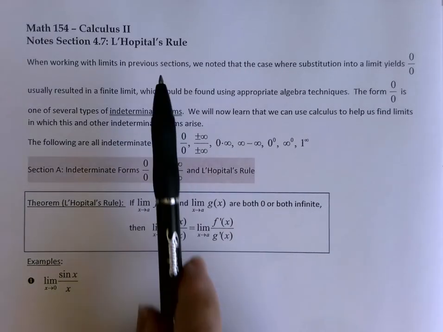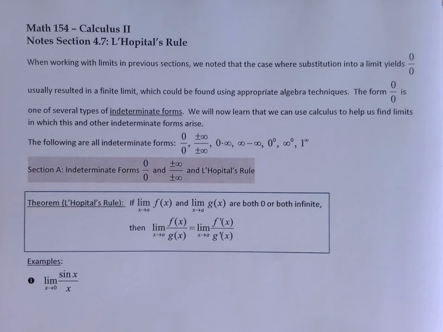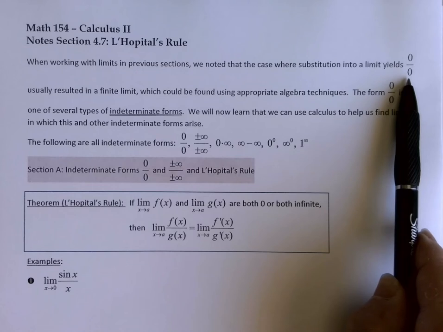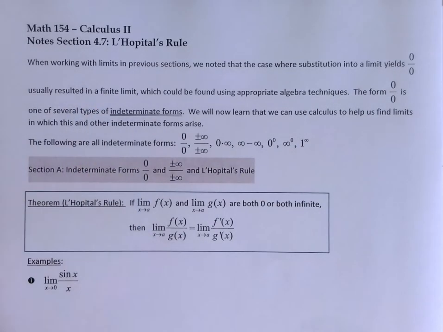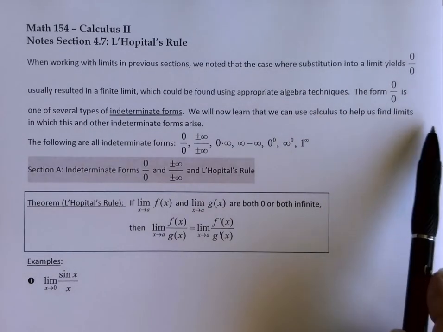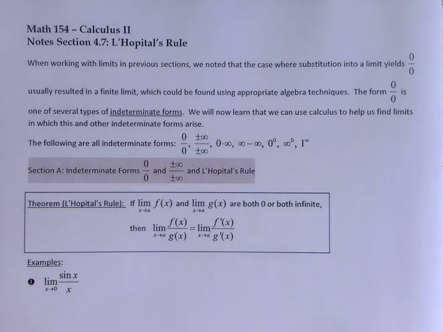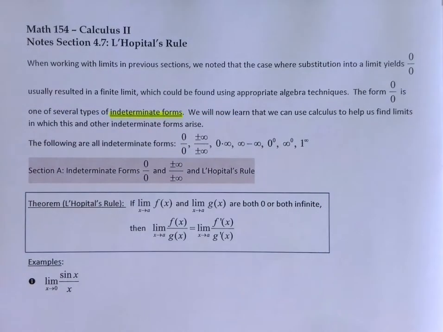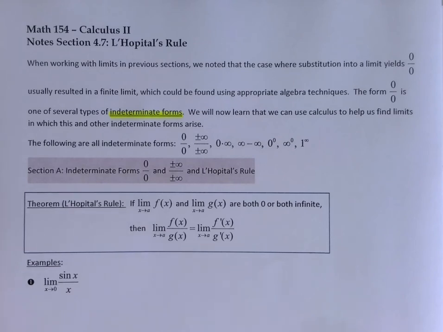So, again, with working with limits in the past, we've always noticed that the case 0 over 0, we can often do enough algebra to result in a finite limit, and similarly for infinity over infinity. 0 over 0 and also infinity over infinity are one of several types of indeterminate forms. We're now going to learn that we can use calculus to actually help us find limits in which this and other indeterminate forms are part of the problem.